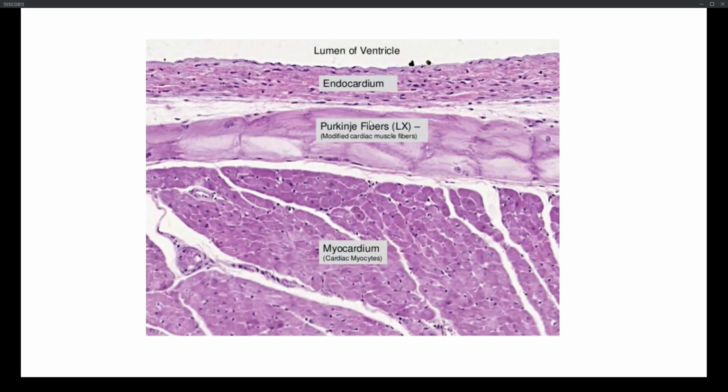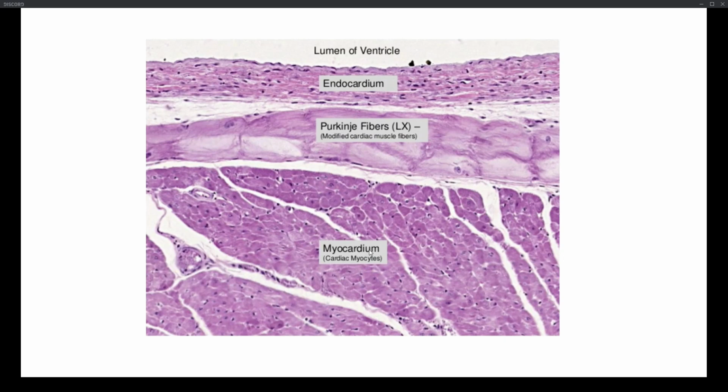One special thing I would like to mention, because it's actually relevant for the next topic we will talk about, are these Purkinje fibers. These are modified muscle cells. So they function as very special conductors for the innervation of the heart.